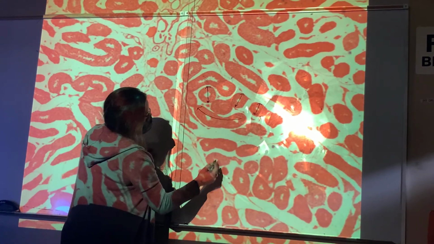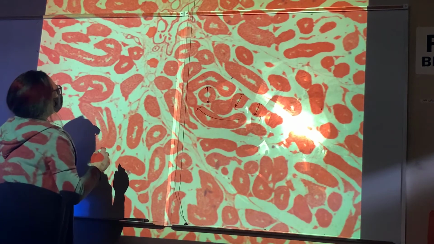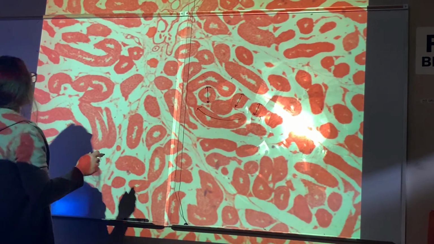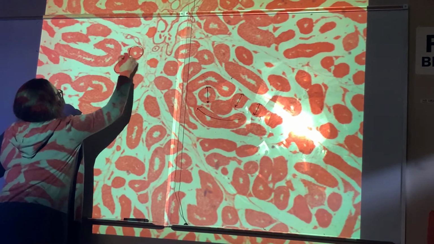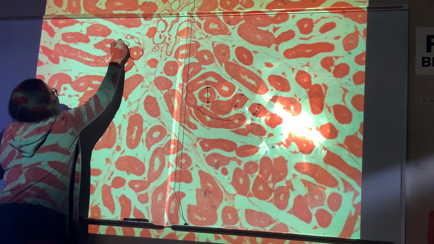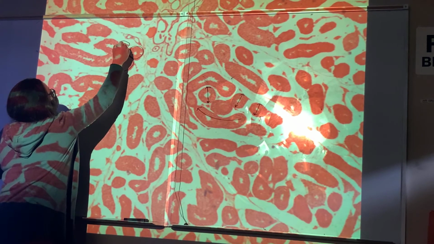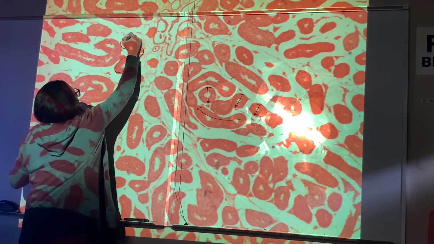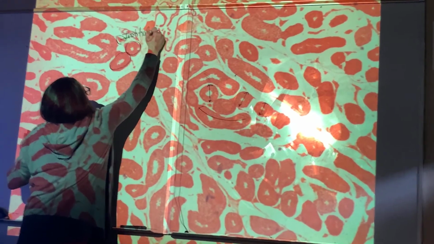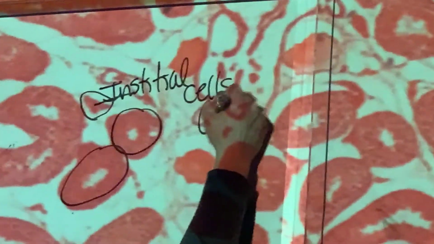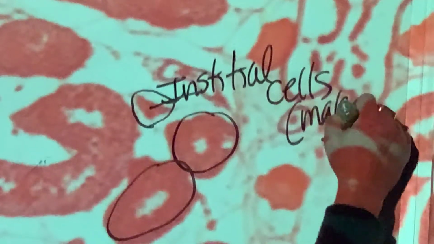And then, let's see. Again, it's a little bit hard to see at this magnification, but if this is a seminiferous tubule here, and that's a seminiferous tubule here, then these cells here that are around them, those would be interstitial cells. Those are the ones that make testosterone.